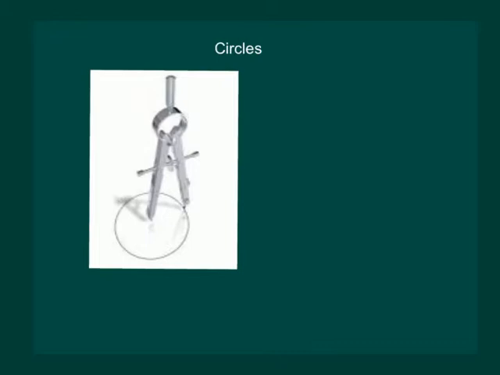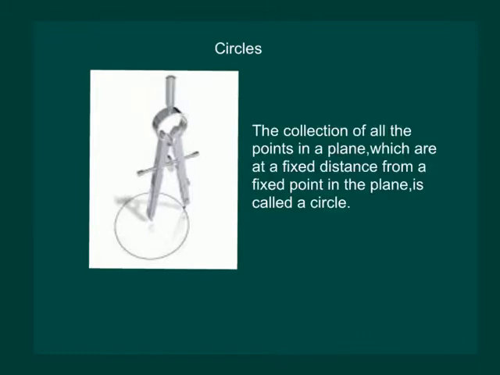How did we get it? We kept one point fixed and drew all the points that were at a fixed distance from A. So we can define a circle as the collection of all the points in a plane which are at a fixed distance from a fixed point in a plane is called a circle.